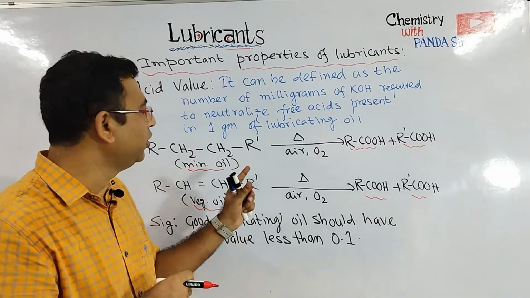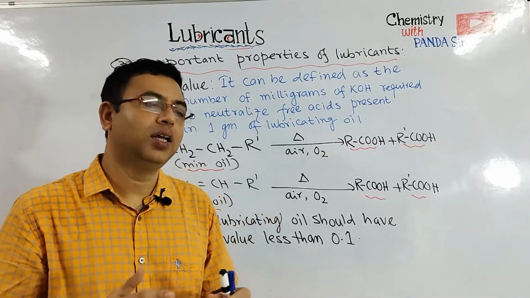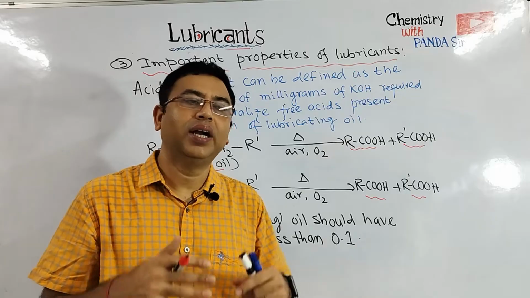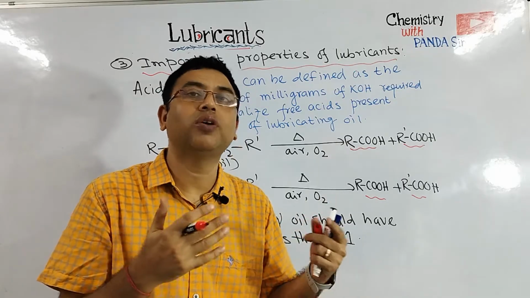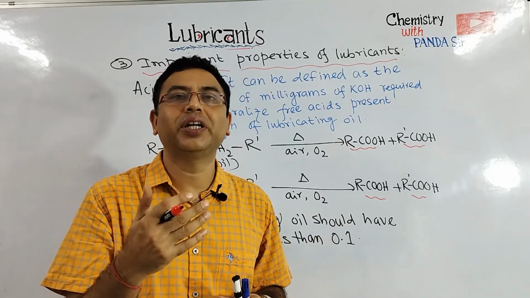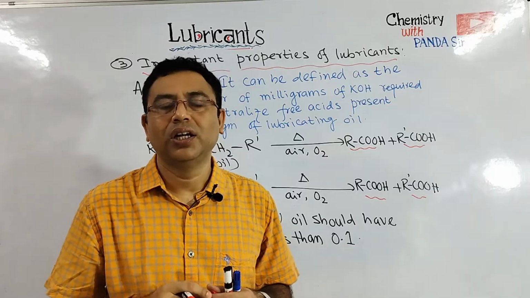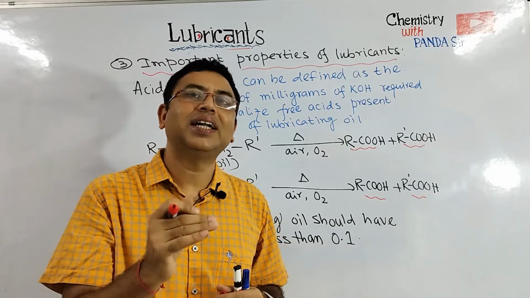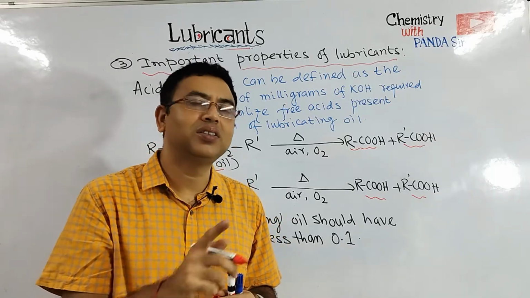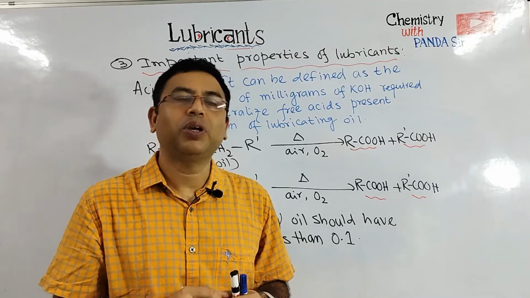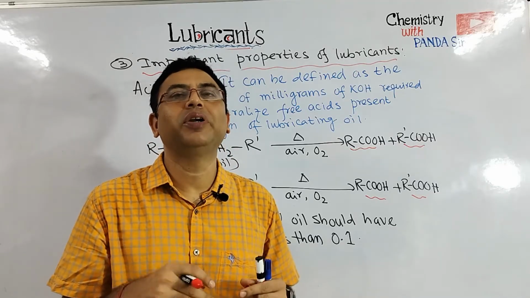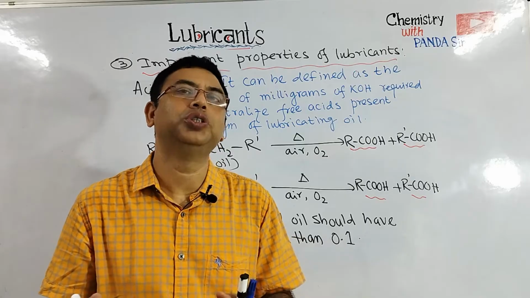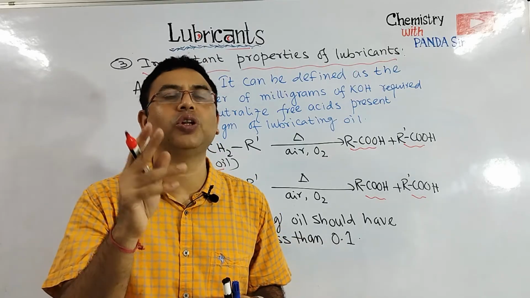So let me repeat, the lubricating oil working for a long time at high temperature in presence of air or oxygen will produce acid. Now is that acid desirable? The right answer is never, because the acid may cause corrosion to the metallic surface, which is not desirable.